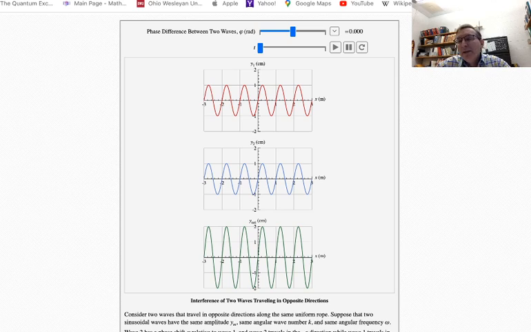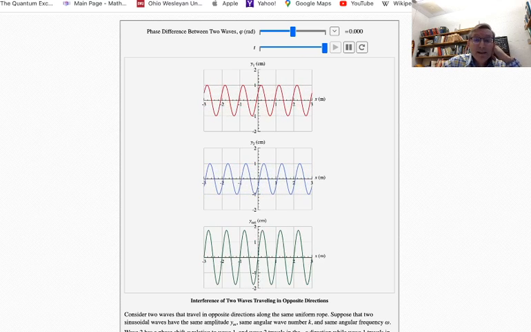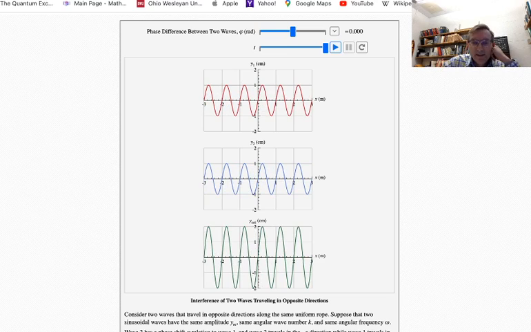Look closely at wave 3, and you'll notice it's not traveling at all. I'm going to run it so that you can see what I mean. Ready? Here we go. Top curve is going to the right, middle curve is going to the left, bottom curve is going up and down, but neither left nor right. You see why the net wave is called a standing wave?